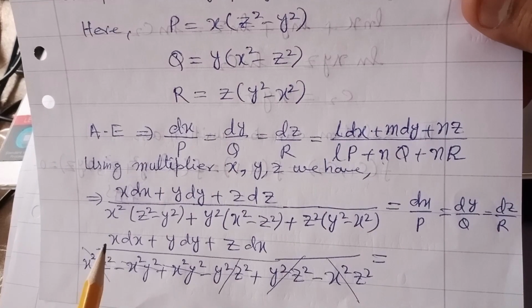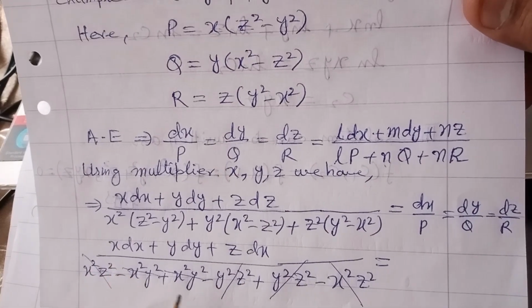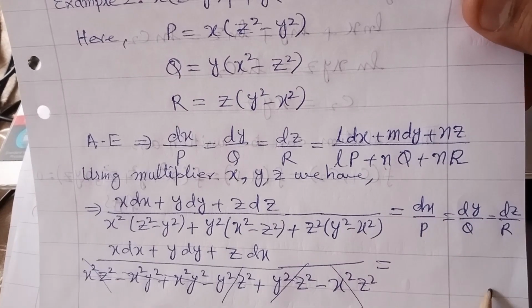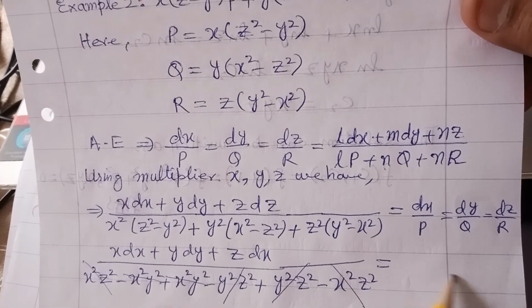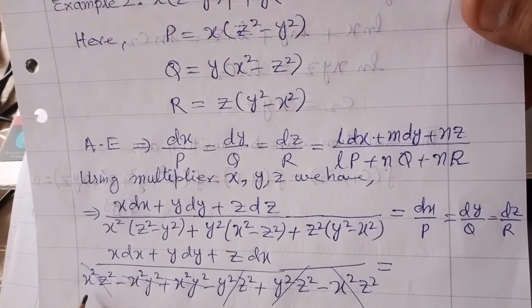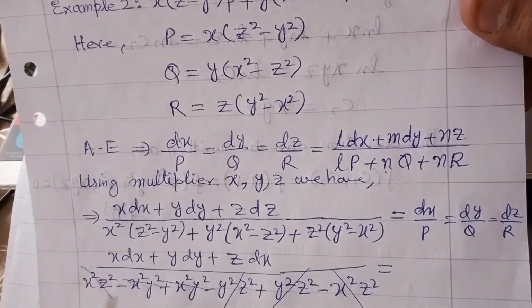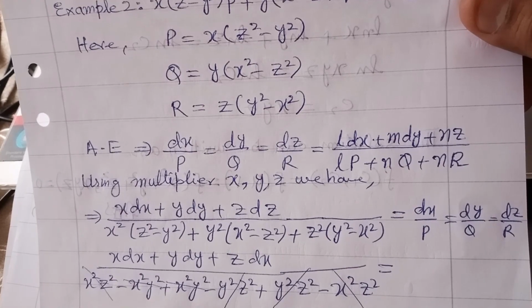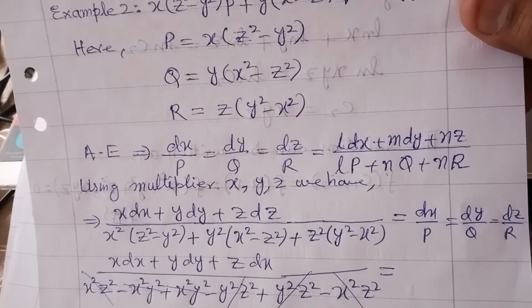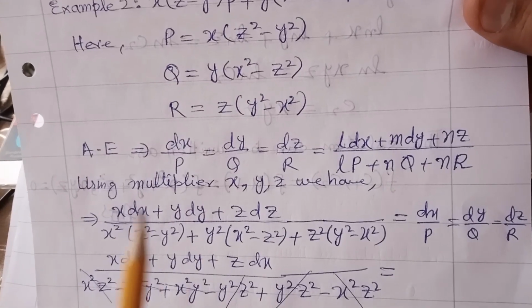So there will be dx upon P is equal to dy upon Q is equal to dz upon R, right? And at the right hand side we can write it as x square z square minus x square y square plus x square y square minus y square z square plus y square z square minus x square z square.